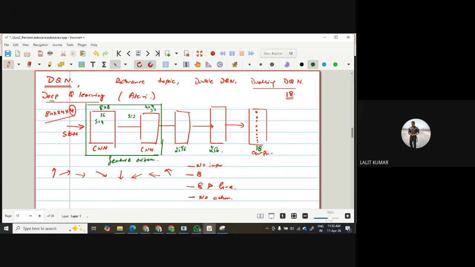Now you keep on taking actions, do the backpropagation, and keep on updating all weights. It kept on playing and learned all the actions on its own. So this is the basics of DQN.